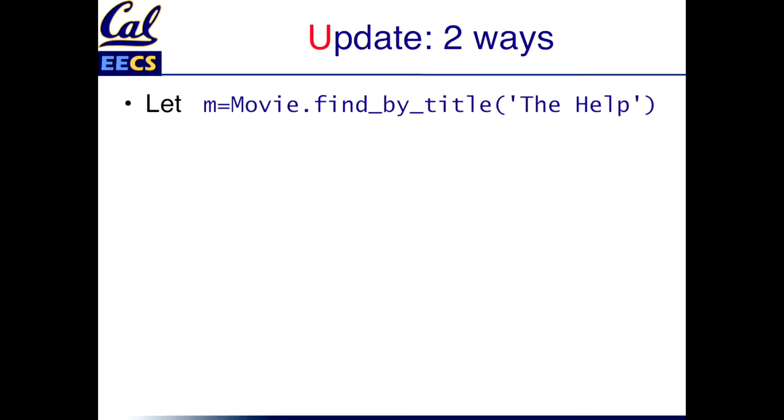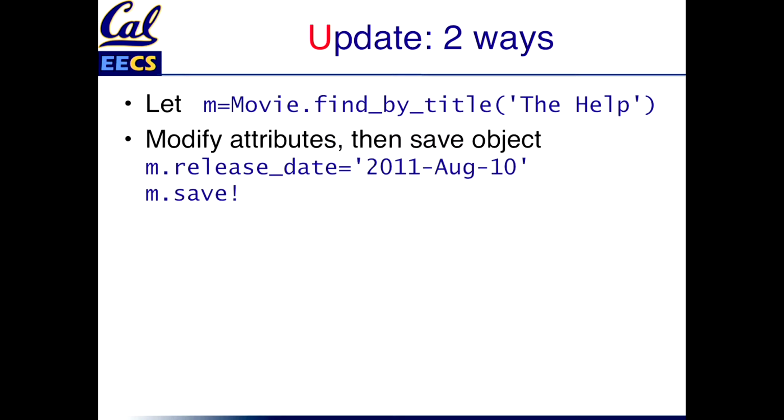How about updating stuff? There's two ways to do it. Suppose we have already used one of the finders to grab an instance of a movie from the database. One thing we could do is modify the attributes in place, and then save the object. And remember, the big difference here is between an in-memory copy and a database copy, right? Those copies are distinct, and what ActiveRecord does is give us mechanisms to keep them in sync, to tie them together.